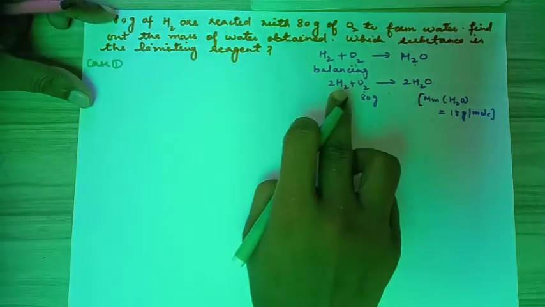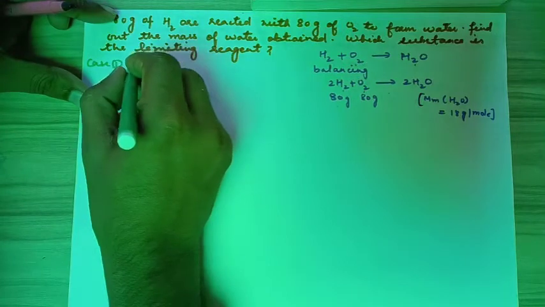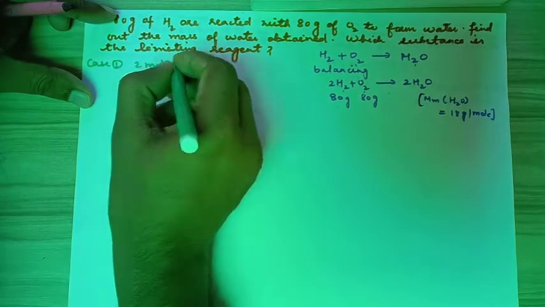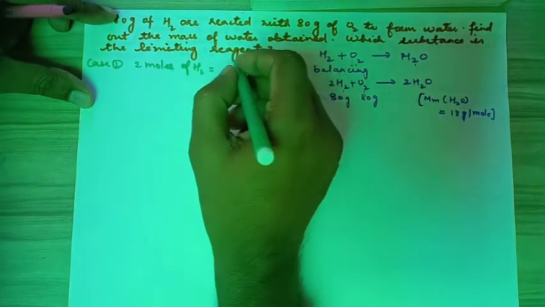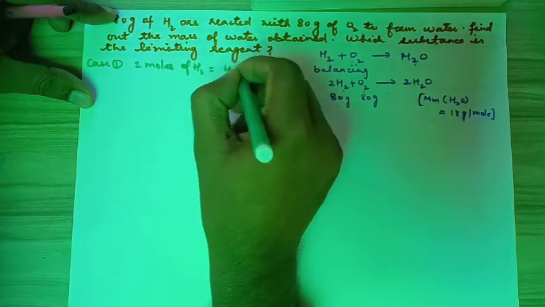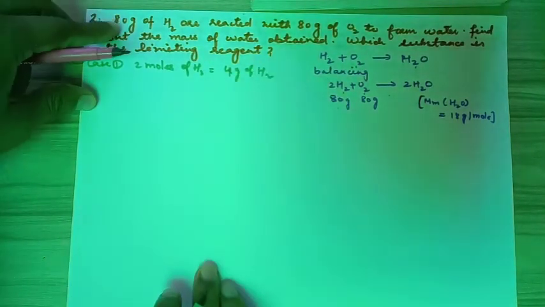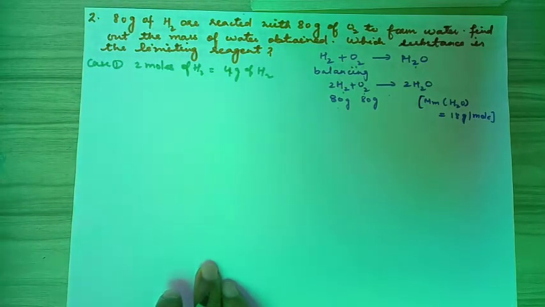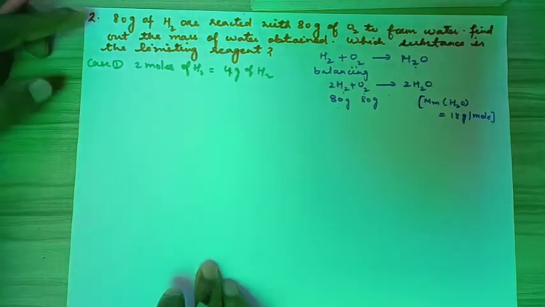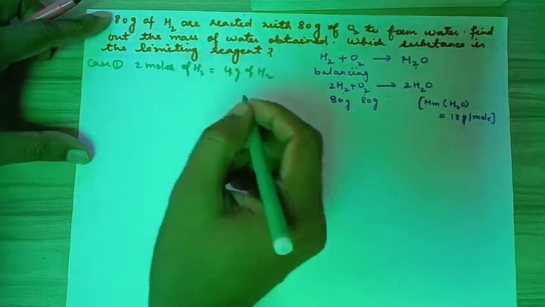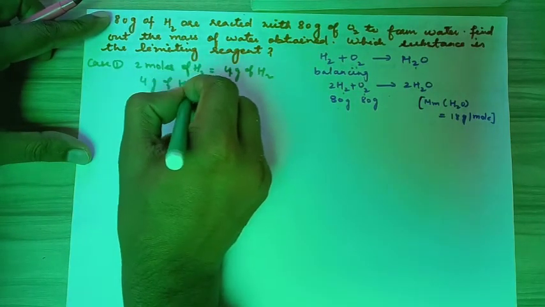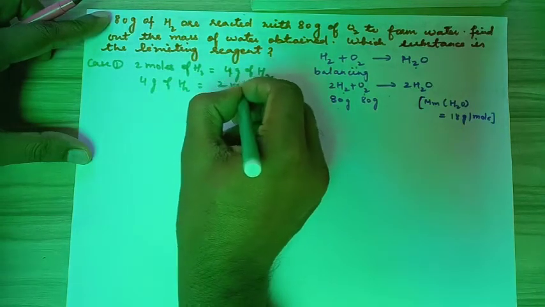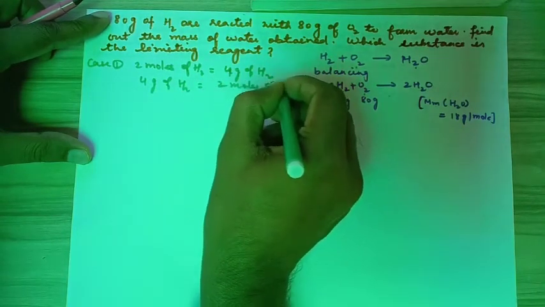So we can simply say 2 moles of S2 give us 2 into 4 gram of S2. In reverse we can say that 4 gram of S2 will give us 2 moles of S2.